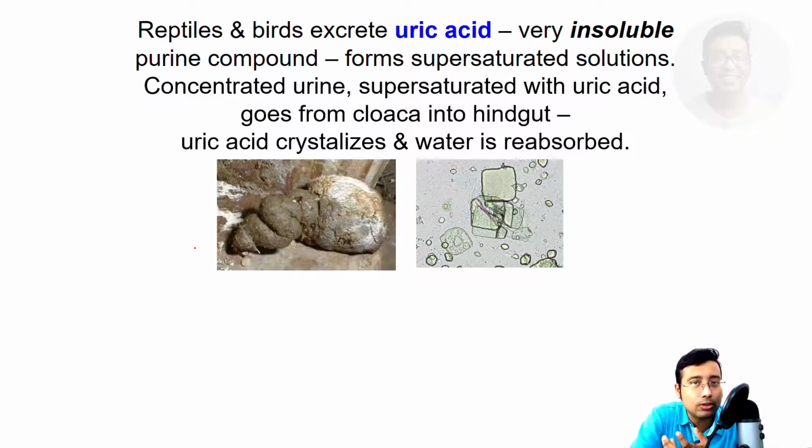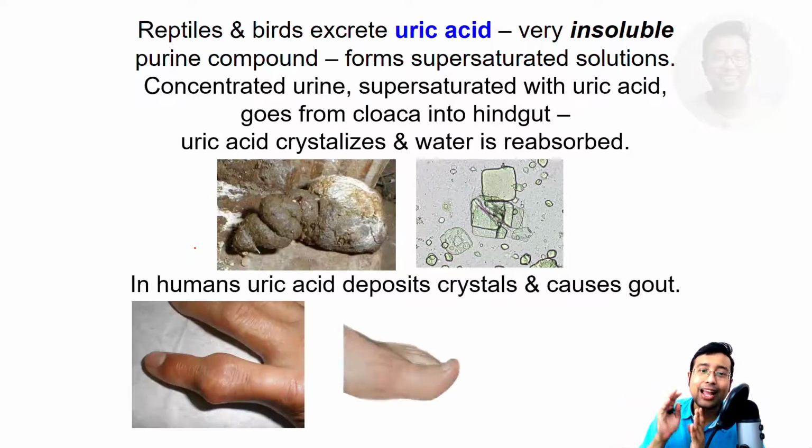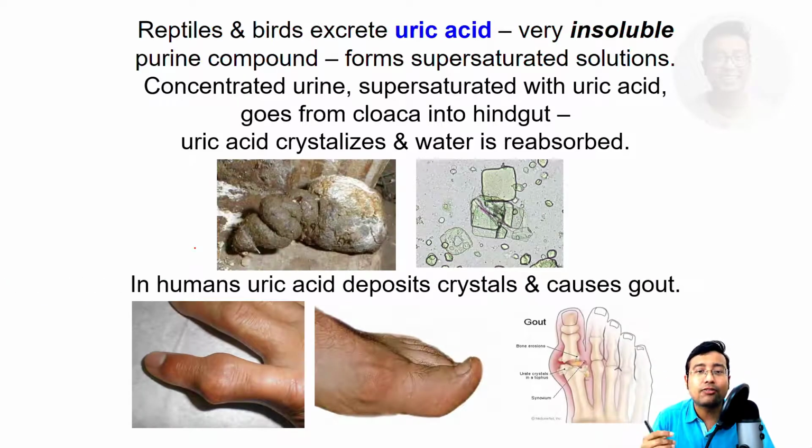Do we need to know this for our medical curriculum? Actually no, I am just telling you for your interest, if you are interested in animal species, right? However, you should know that in case of mammals this is not the case. Excess uric acid cannot be excreted like birds.